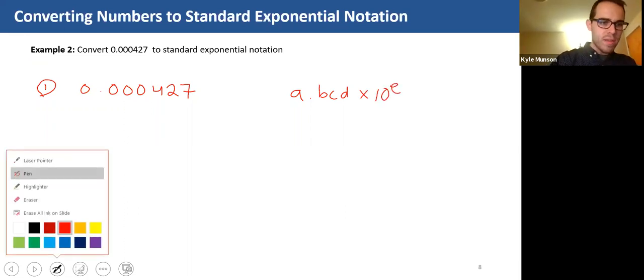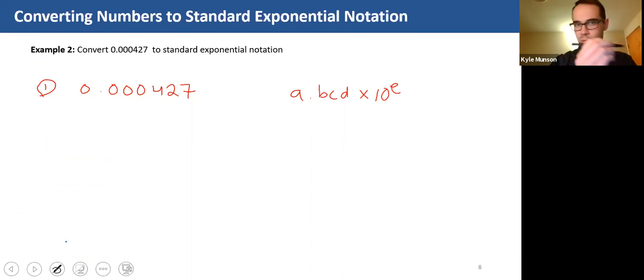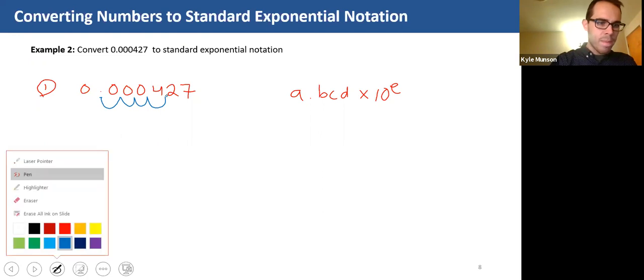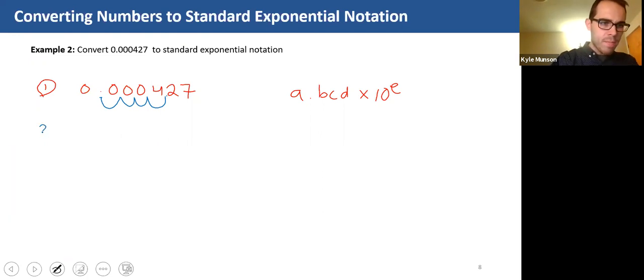So let's move it together. So this time I'm going to move the opposite direction. I'm going to go over 1, 2, 3, 4 places. All right, the decimal point's going to go there. So now in the next step, this is going to look something like this. I'm not going to leave the zeros on.